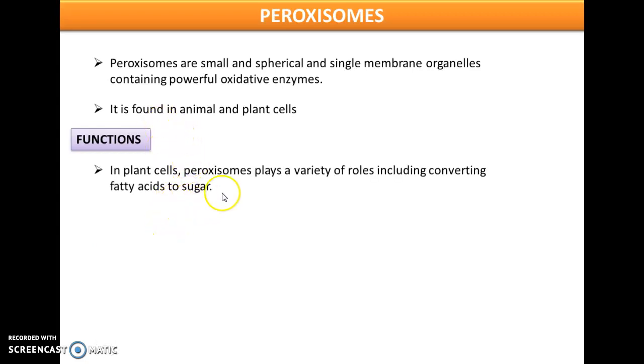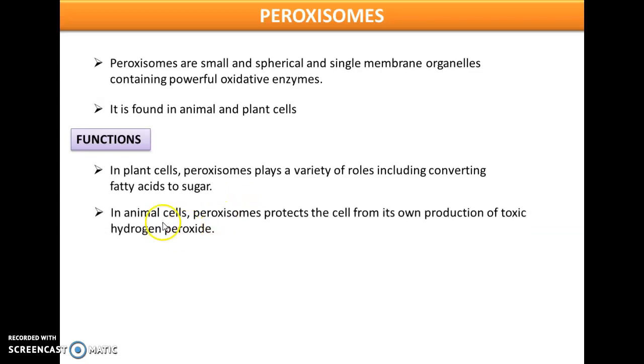In plant cells, peroxisomes play a variety of roles, including the conversion of fatty acids into sugar. And in animal cells, sometimes the cells produce toxic substances like hydrogen peroxide. So these peroxisomes protect the cell from its own production of toxic substances like hydrogen peroxide.